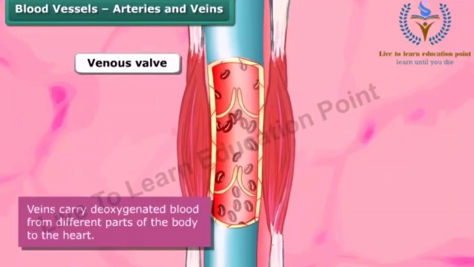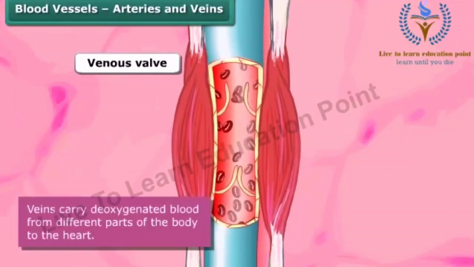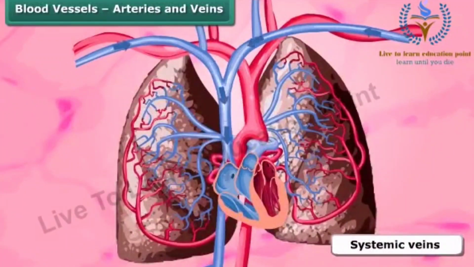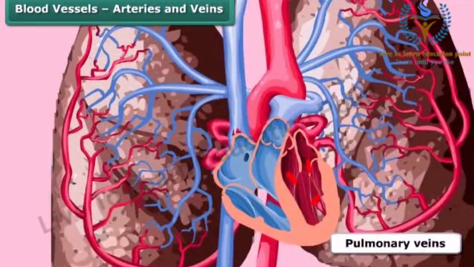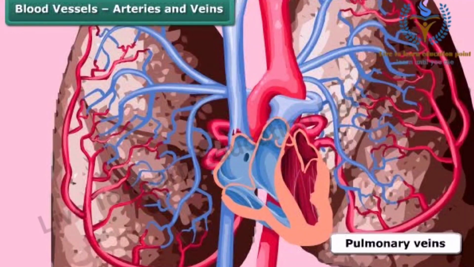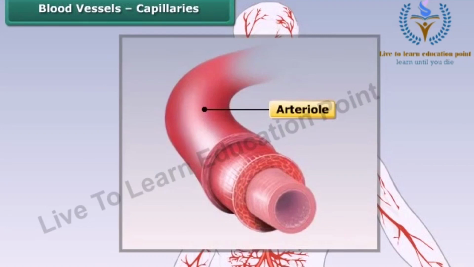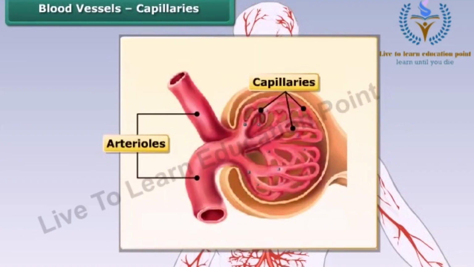The pressure of blood in the veins is lower than it is in the arteries. Veins are of two types: systemic veins. They carry deoxygenated blood from the different body parts to the heart. Pulmonary veins. They carry oxygenated blood from the lungs to the heart. Arteries branch into smaller blood vessels called arterioles, which further branch into capillaries.